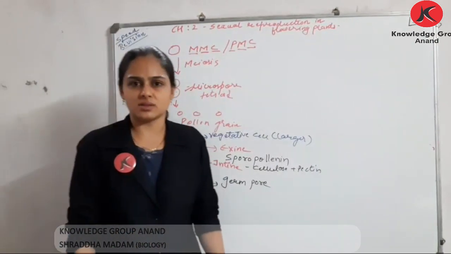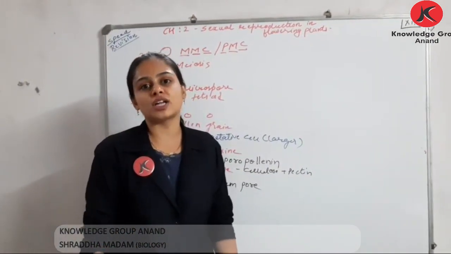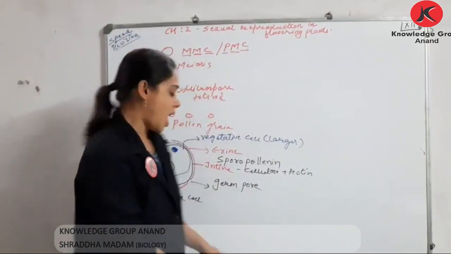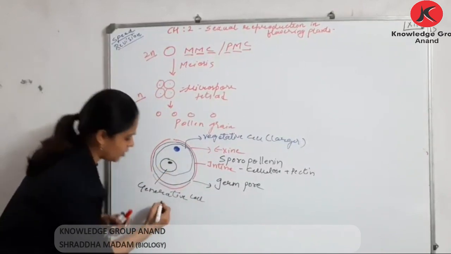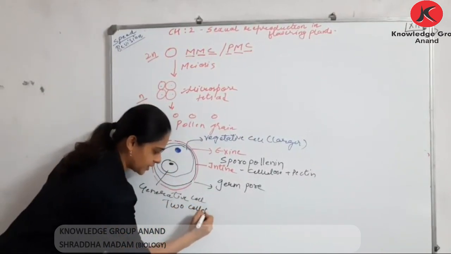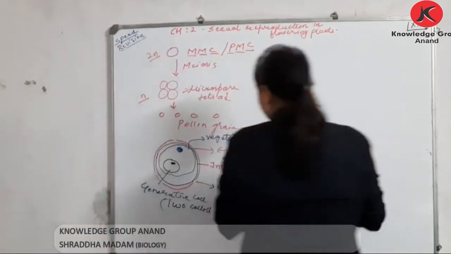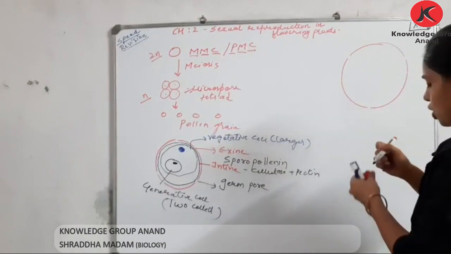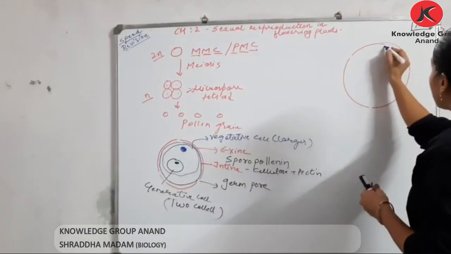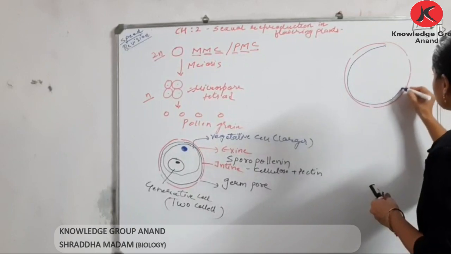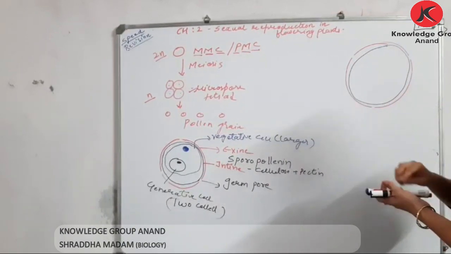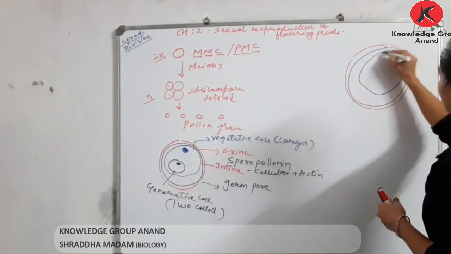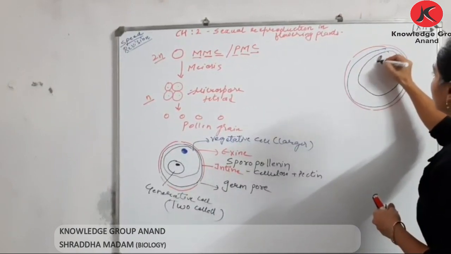What about 40%? 40% बचे ना? What about 40%? In that 40% angiospermic plants, आपका ये जो जनरेटिव सेल है, ये टू सेल कंडीशन आई एम राइटिंग. Okay, come over here. Once again if I want to draw, ये क्या हो गया आपका exine. This are your germ pores. ठीक है, ये हो गई आपकी, what is this? This is your intine. Okay, then if I want to draw, this is your generative cell, ये उसका न्यूक्लियस.